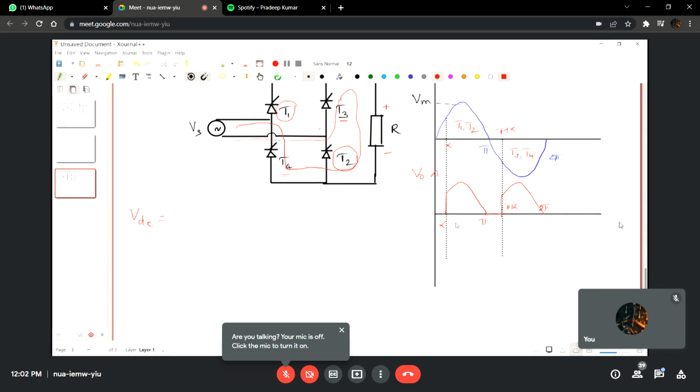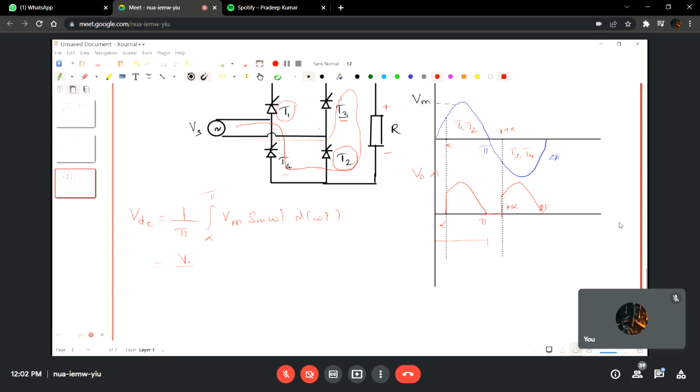So it is more than enough to take average for the first half cycle because the same thing is going to be repeated. So the limits can be something like this. The average is going to be taken only for the time period pi, and the waveform is available from alpha to pi. Once again, Vm sine omega t d of omega t. That's all.